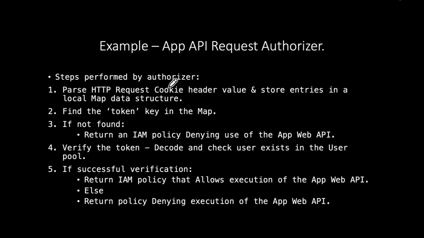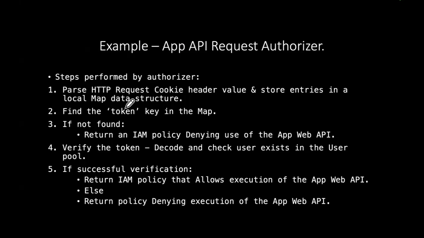Now, just for convenience, what I do in the authorizer lambda is take that long string and chop it up into its key value pairs and store those in a map data structure. Having done that, I then check to see, is there in this map a key called token, which there should be.